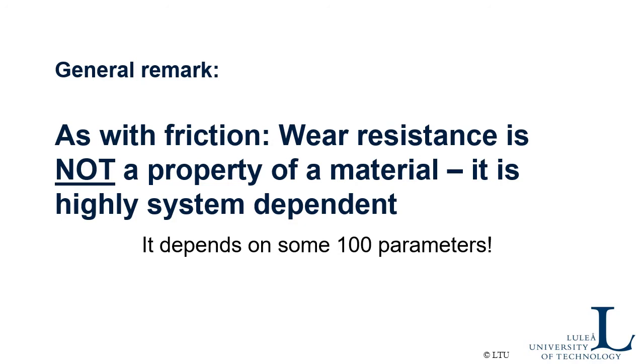It's very system dependent. It depends on the other surface and what properties that surface has. There are so many parameters influencing wear. For the same reason that friction can't normally be predicted, wear is also very, very difficult to predict.